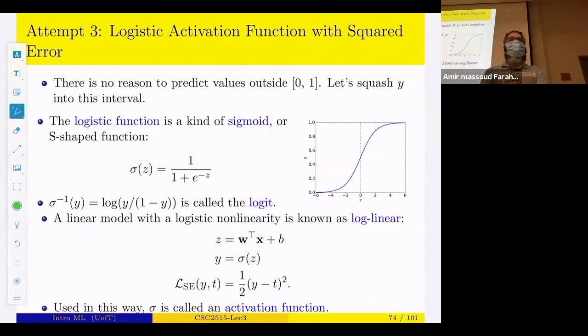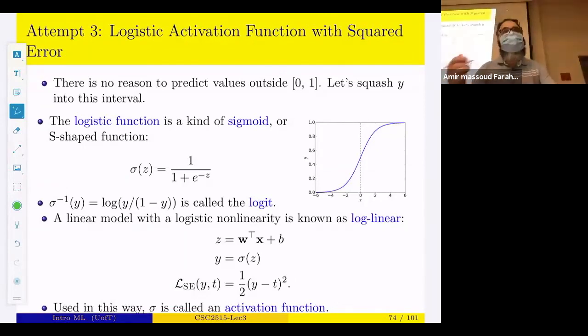Because at the end of the day, you want to predict either 0 or 1 or some value in between. So what we can do is pass the output of our linear model, the z, to a function that makes it stay between the values of 0 and 1.